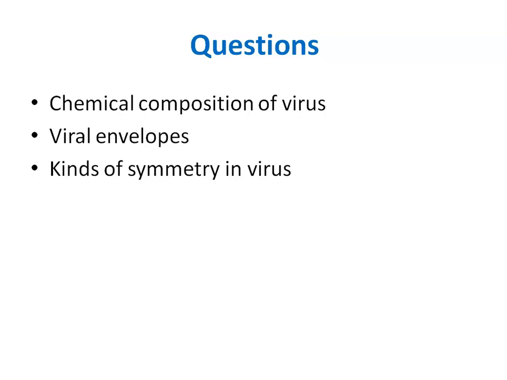So, from whatever we have studied, questions like the chemical composition of virus can be asked, describe viral envelopes, or kinds of symmetry in the virus, right? So whatever we have discussed in this lecture, the material is more than sufficient to answer these kinds of questions.